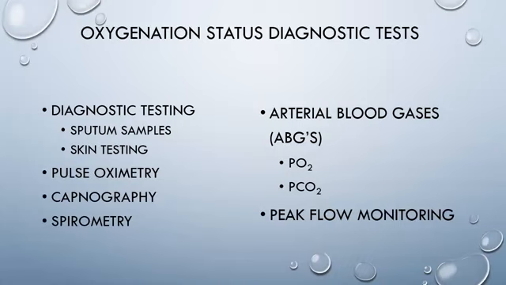Arterial blood gases. So this is where things get a little bit complicated. And I don't really want to get too in depth here in fundamentals about this. You will learn this in a variety of your other classrooms. But basically an arterial blood gas evaluates three areas: the partial pressure of oxygen, the partial pressure of carbon dioxide, and the pH of the blood.